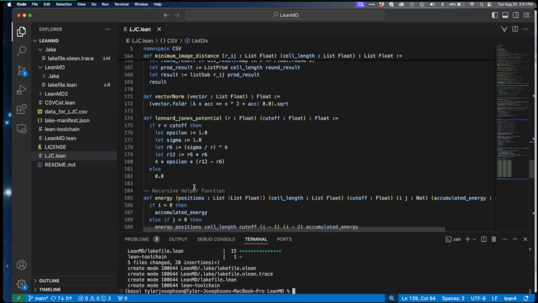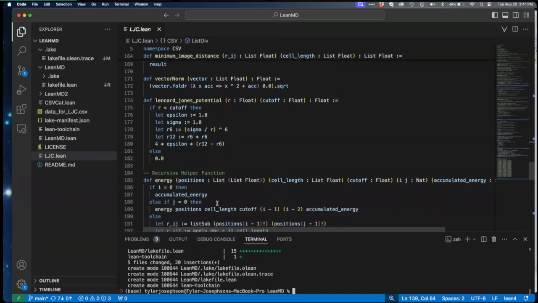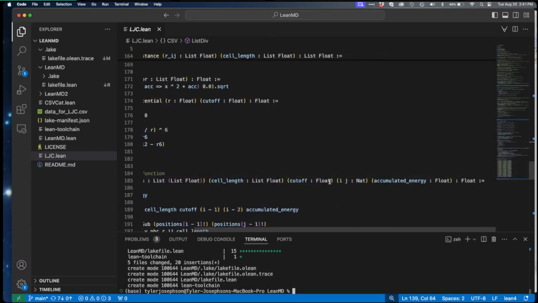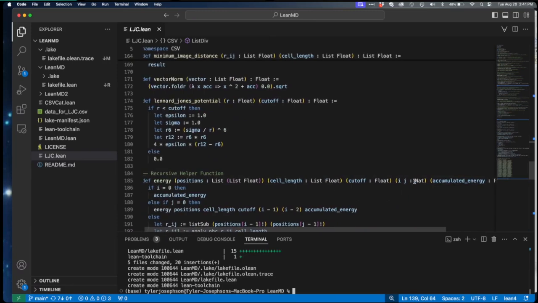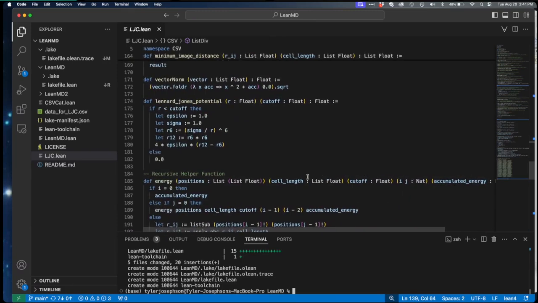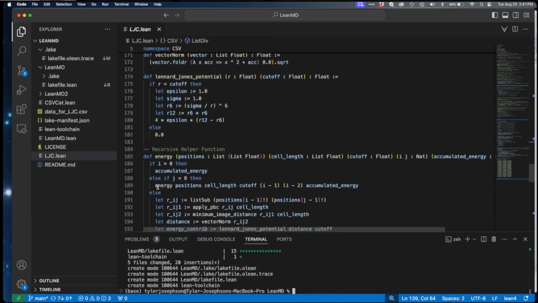The energy calculation was tricky because it involves a sum over pairs. So I need to take in the positions of my particles, and I need to somehow get an energy out of all of this. My energy is going to come out as a float. The way we did this is we made this a recursive function that took in the accumulated energy. The accumulated energy is going to start out as 0, and then it's going to accumulate. We have if statements looping through particle i and particle j.